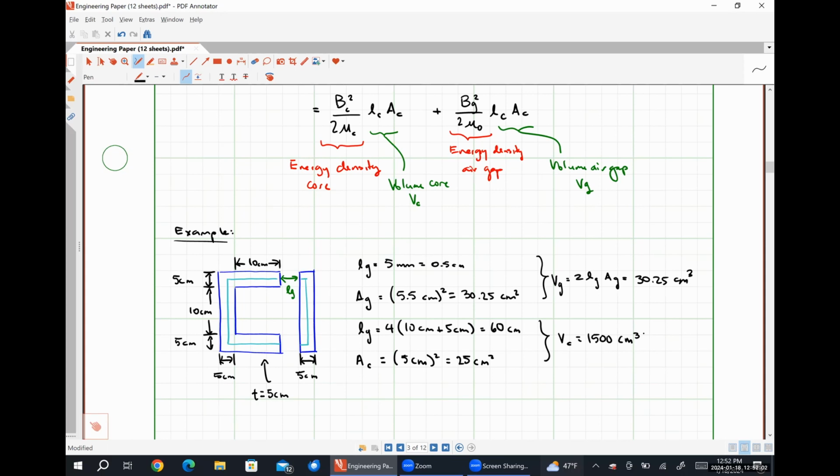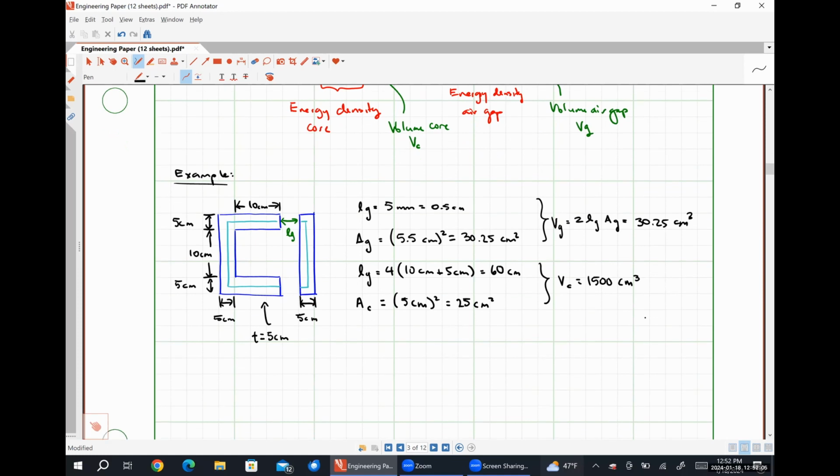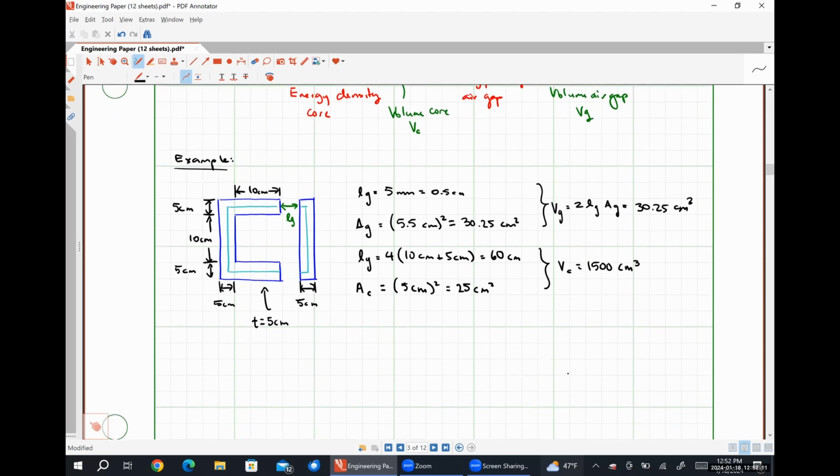Okay. All right. So now getting into the circuit details as well. So let's say that our coil had 250 turns. Our core has a permeability of 5,000 mu naught, and the resistance of our windings is 5 ohms.